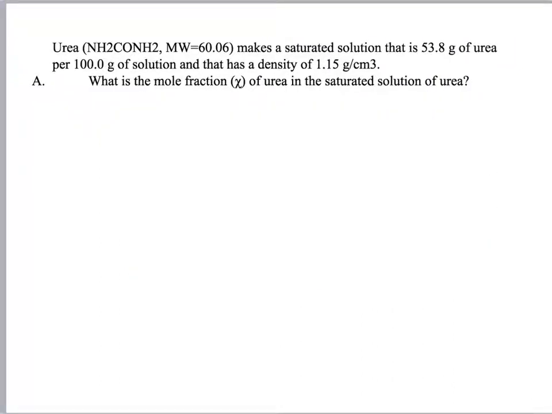Okay, so we've got this same solution. We're going to work with the same solution all the way through. So what is the mole fraction of urea in the saturated solution of urea? Well, we have to remember that the mole fraction of urea is equal to the number of moles of urea divided by the total number of moles of components of the solution.